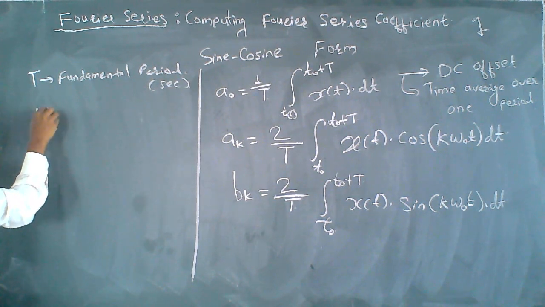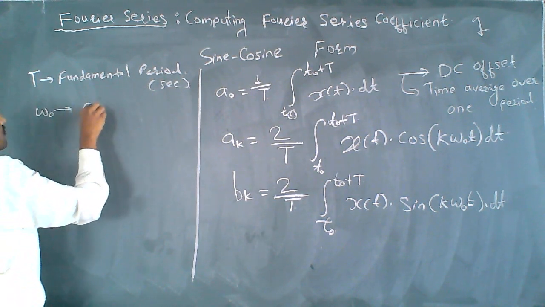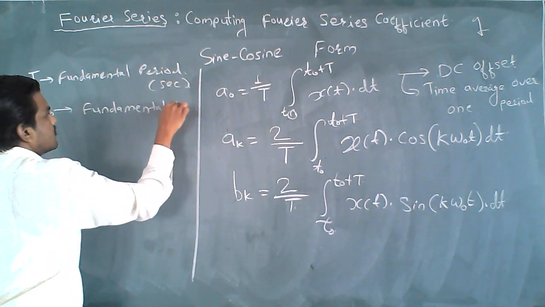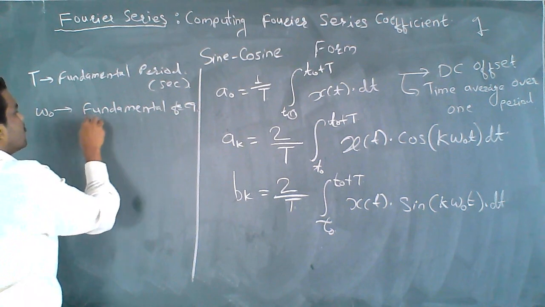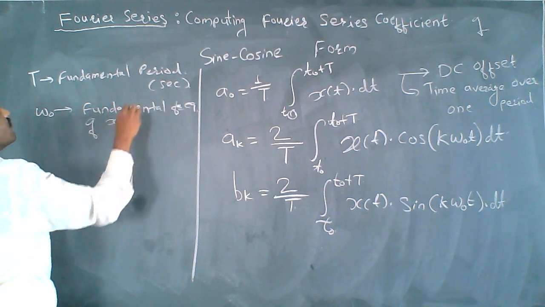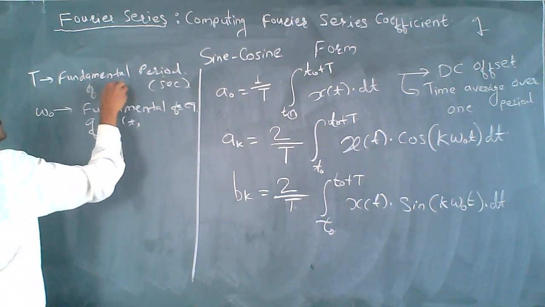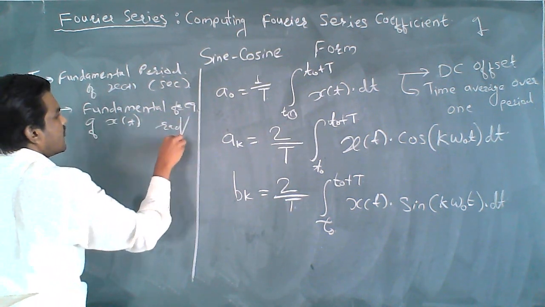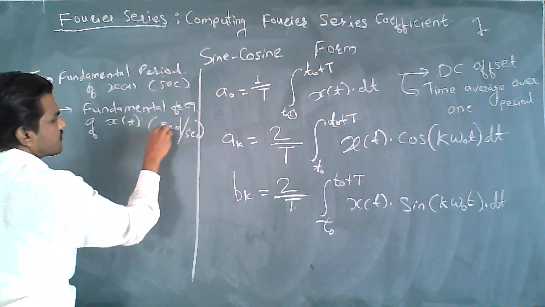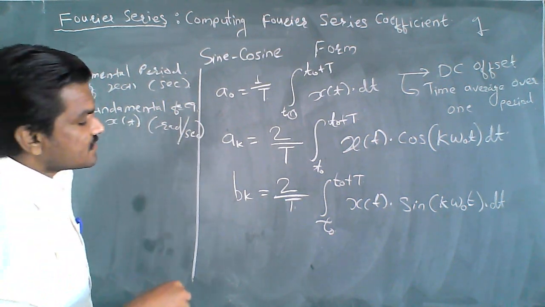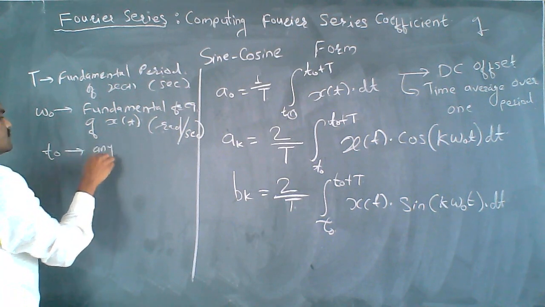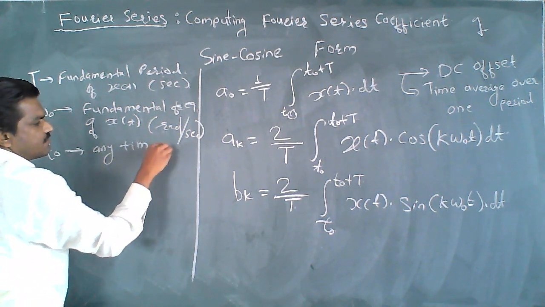Then we have omega 0, which is nothing but the fundamental frequency of x of t, and obviously this period is also of x of t, and it is measured in radians per second. Then we have another term, that is t0. I will write it as any time point.